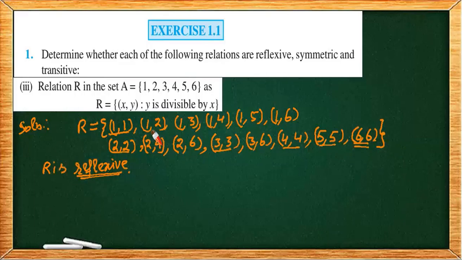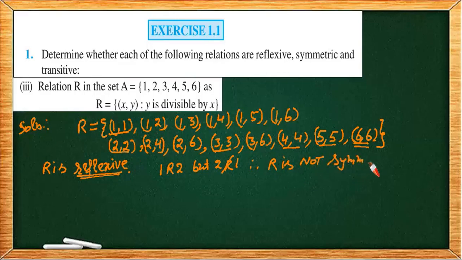Now we see 1 is related to 2, but 2 is not related to 1. Therefore, our relation is not symmetric.